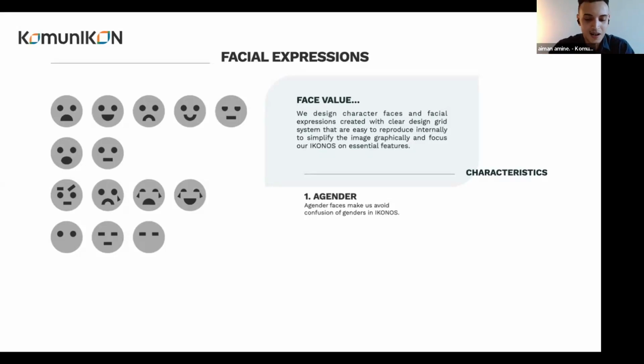Because, think of it, how many facial expressions are there and how many get invented with every generation that comes. So some of the characteristics of these flat design faces are, first of all, that they are agender, and they make us avoid confusion of genders in our iconos.